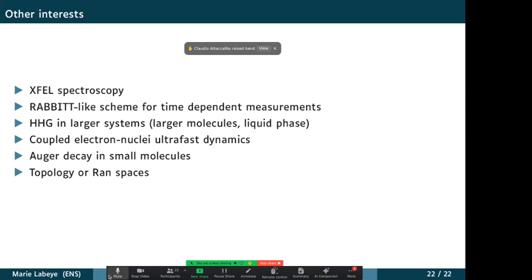I'm also working with Eleonora Lupi at the LCT because at some point we worked on methods to represent molecules with more electrons. Because we can see indeed electronic correlation in some cases in the HHG spectrum.